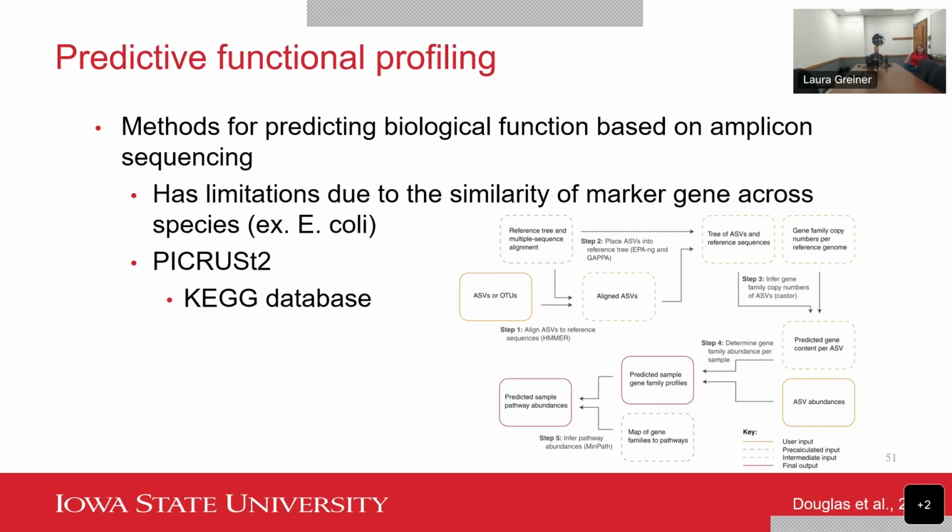Again, it has all those same limitations that come with amplicon and 16S sequencing, where we're limited in resolution as well as distinguishing similar species, but it may have some utility when we think about taking it a little bit of a step forward using amplicon sequencing.